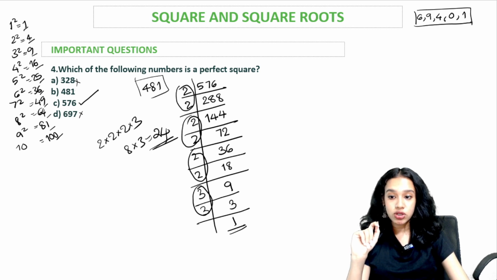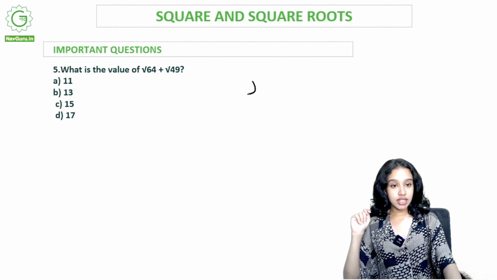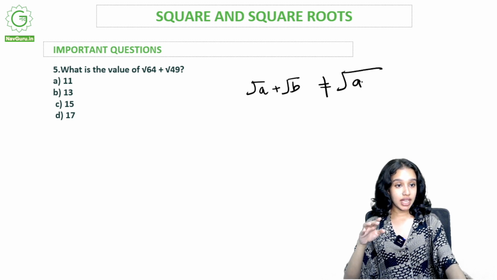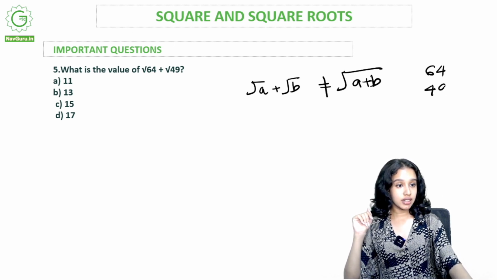Now let's move on to the next question. What is the value of root 64 plus root 49? So we have to find the value of root a plus root b. So this is not equal to root of a plus b. Let's see, 64 plus 49. 9 plus 4 is 13. 6 plus 4 is 10 and 1, that is 113.